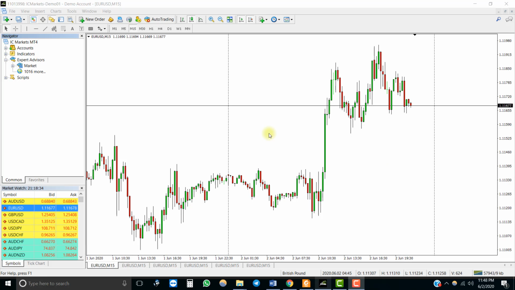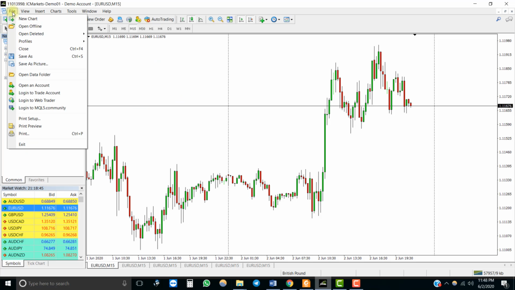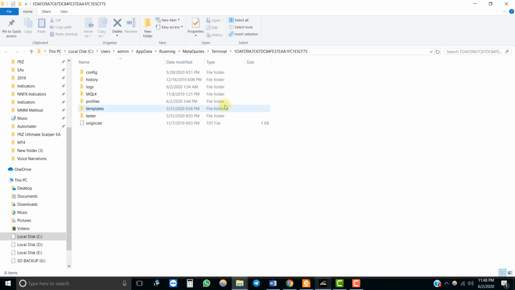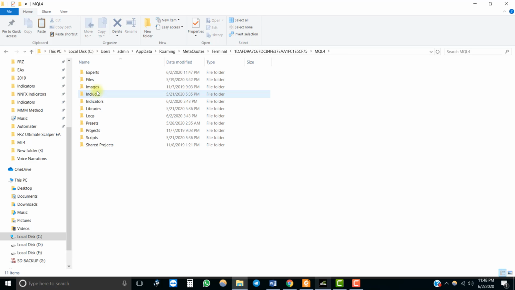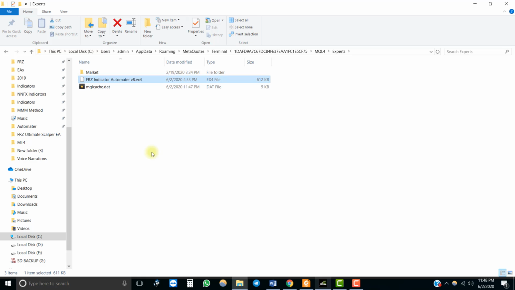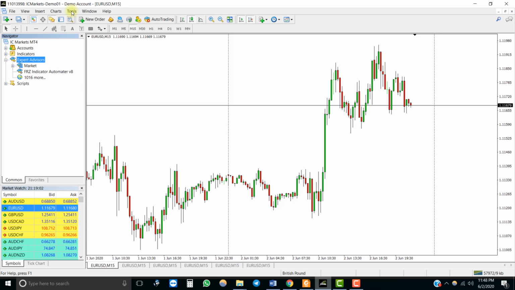Installation of the EA is easy. You simply need to place the EA file provided under the experts folder of your MT4. You need to refresh or restart your MT4 to get the EA under expert advisors.